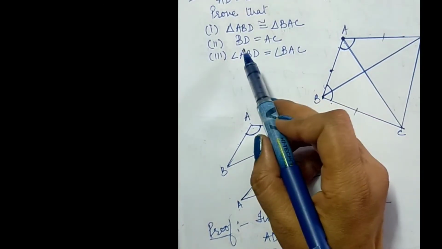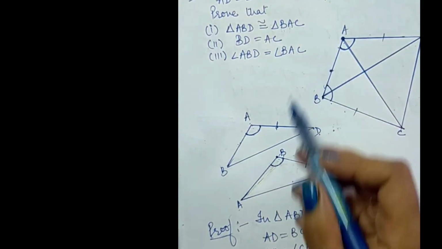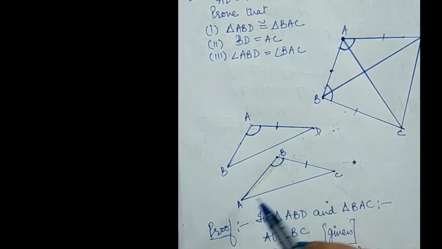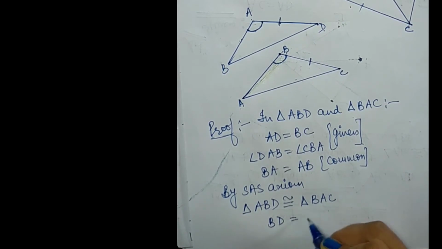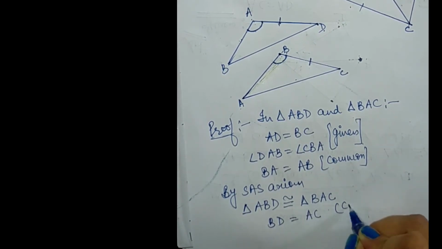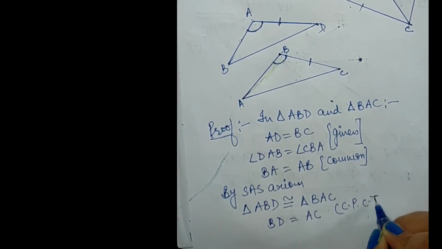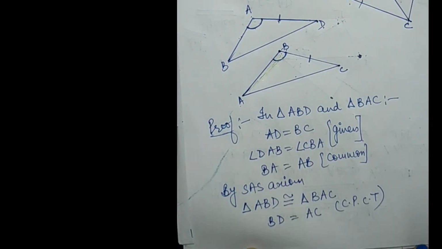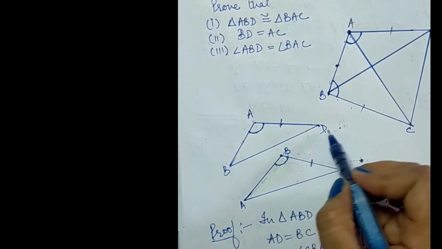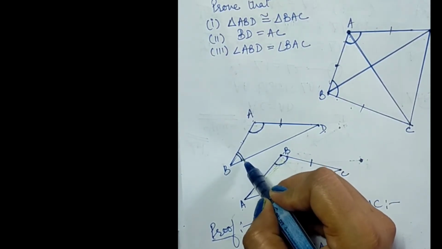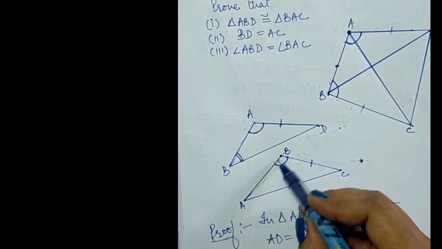So in the second part, we want to prove that BD is equal to AC. You can see BD is here, AC is exactly here. So BD will be equal to AC. Why are they equal? By CPCT, that means corresponding parts of congruent triangles. Third part is angle ABD, that means this angle is equal to BAC.